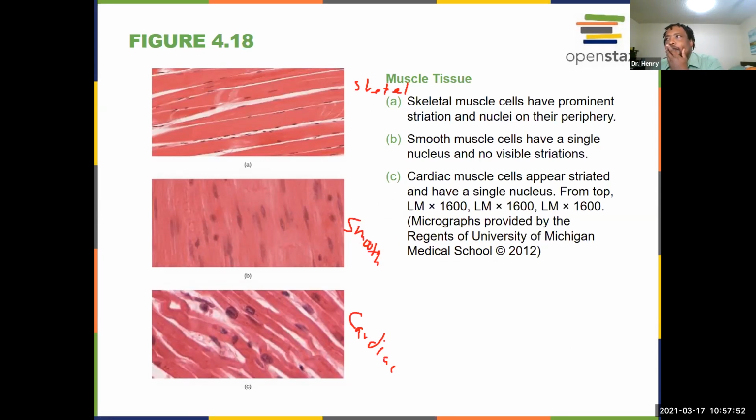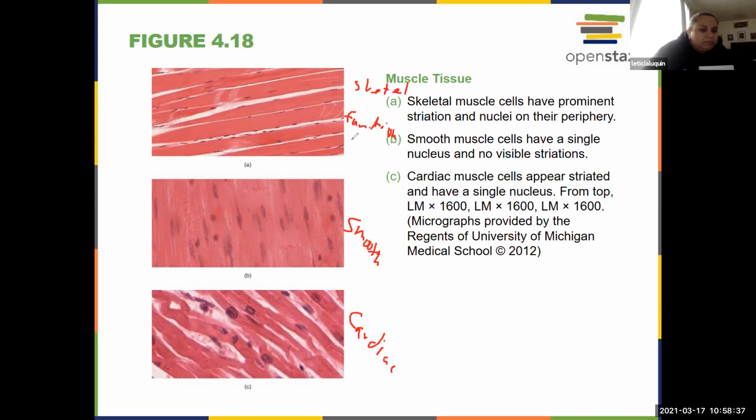Let's see. There was something that I wanted to say. So what would be the function of skeletal muscle? To protect the organs. Okay, skeletal muscle. We assume that this muscle is going to be associated with what?